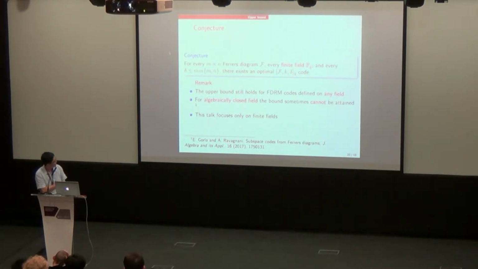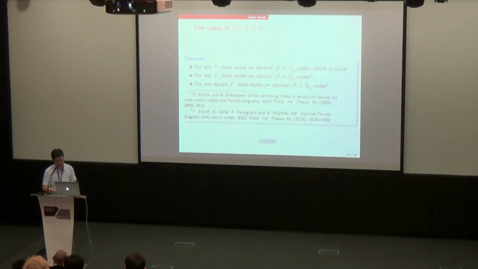Dollar and Yamagnani show that for algebraically closed fields, the bound sometimes cannot be achieved. So far, all the known results on codes defined on finite fields are tight. I mean, the conjecture so far is all correct. Okay. I mention some known results.